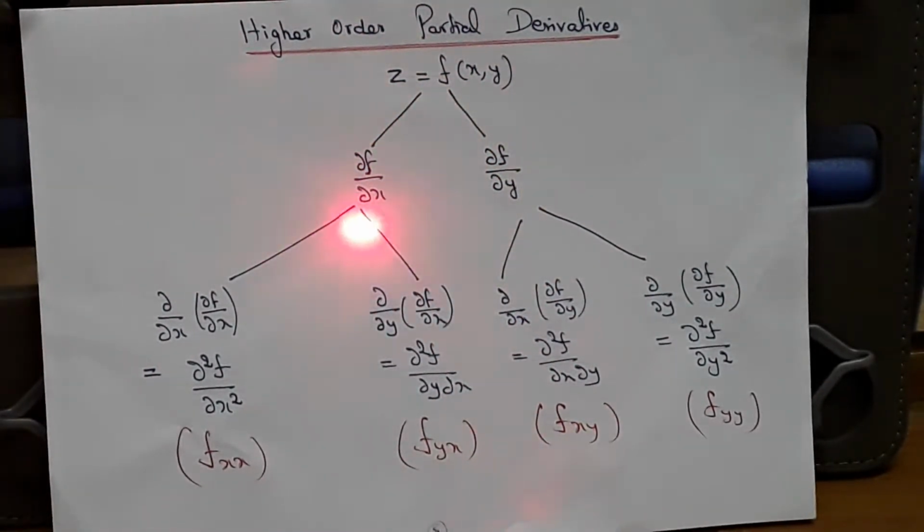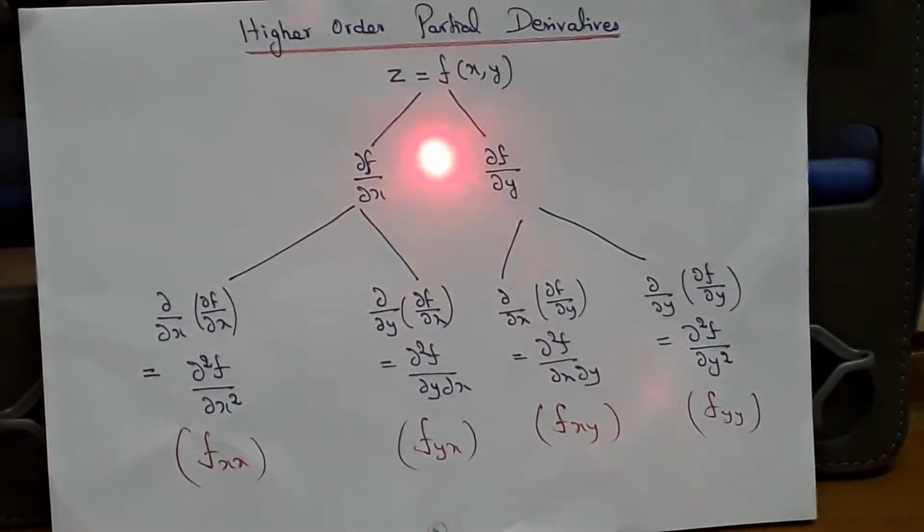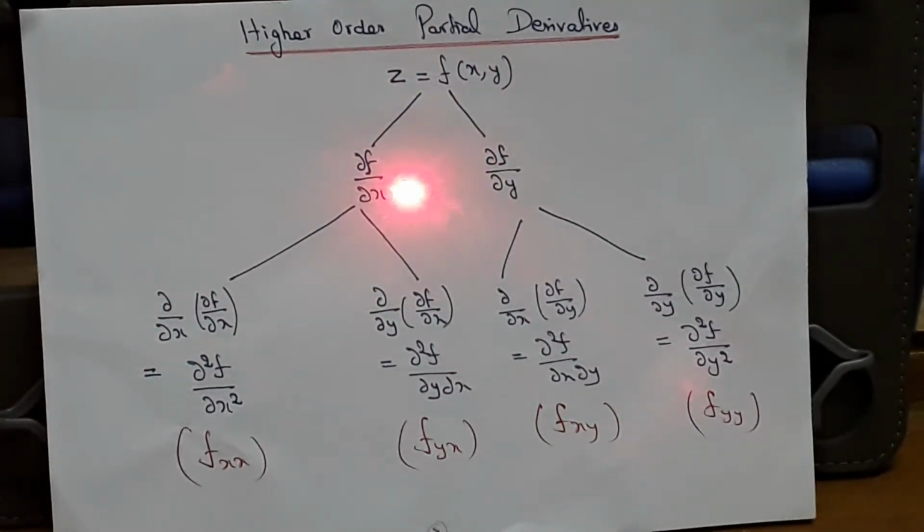Now this may be a function of x and y, and this also may be a function of x and y. So again we can differentiate this function partially with respect to x as well as partially with respect to y. Initially, dou by dou x of this function becomes dou square f by dou x square, also represented by f suffix double x.